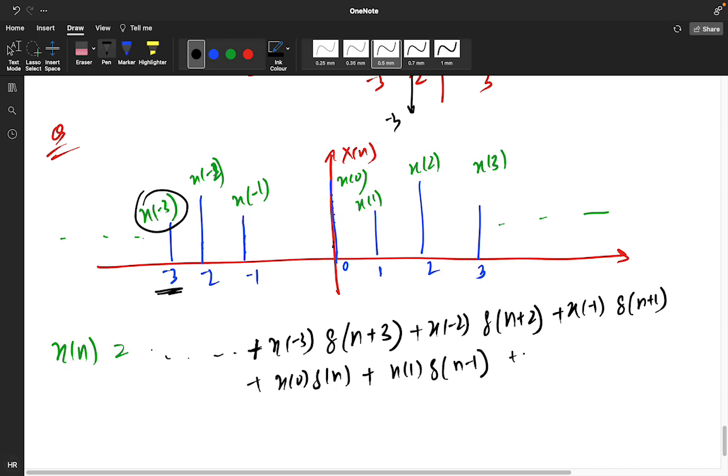Okay, and x of 2 at delta n minus 2 is going like this.